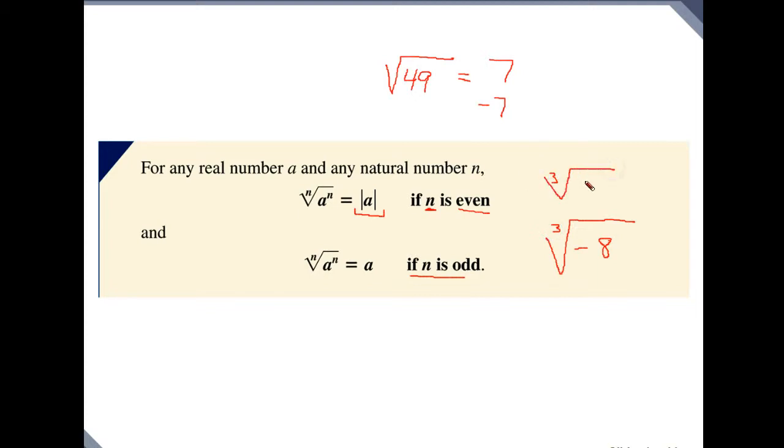You could also have a positive 8. Well, the third root of 8 is 2, and the third root of negative 8 is a negative 2. So if you multiply negative 2 by itself 3 times, you get a negative 8. I believe that's what they're showing you here.